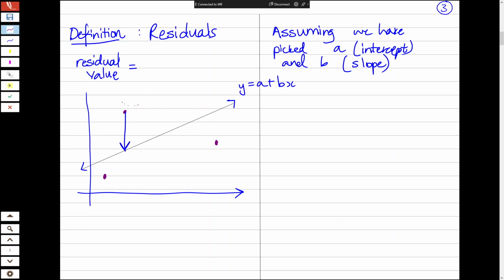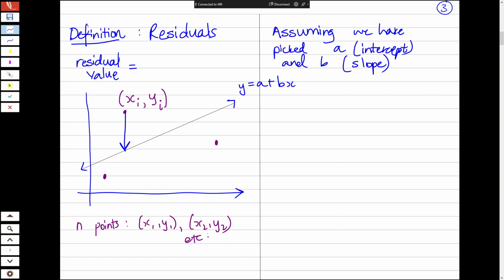Now, let's imagine I'm just going to call it xi, yi. That might confuse you. The reason is because there are endpoints, x1, y1, x2, y2, etc. So I'm not referring to a specific point, I'm just referring to any point, and I'm giving it the name i for the moment.